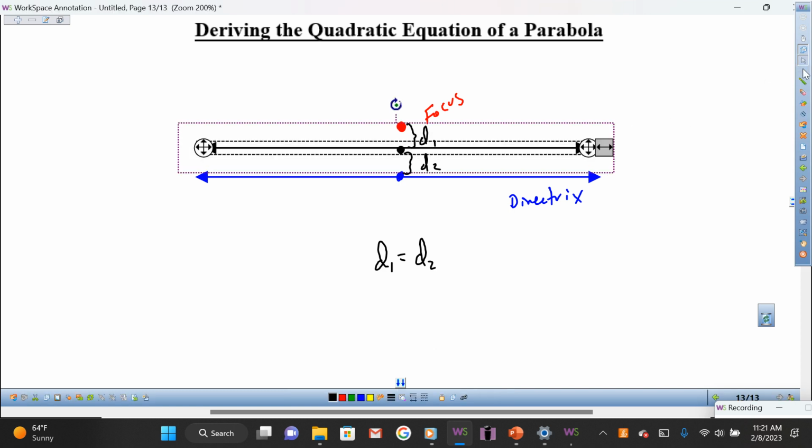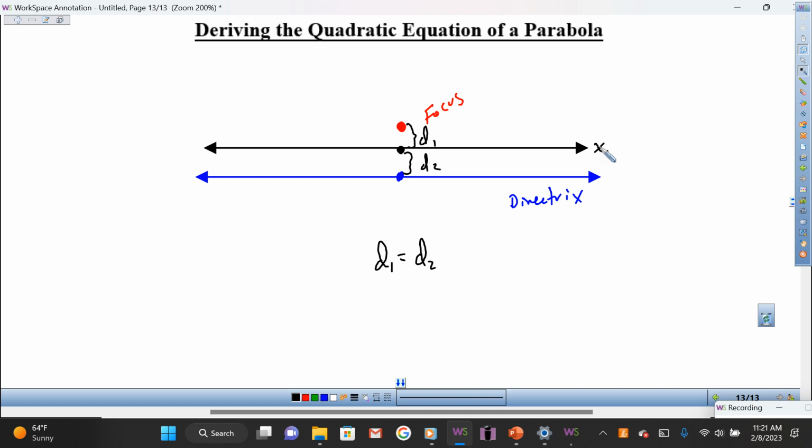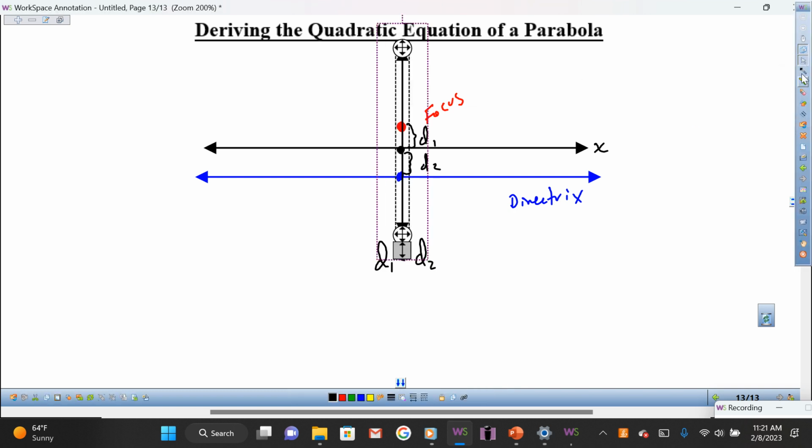And we're going to label that one X. Which means we need a Y. So draw a straight line down through all 3 points, and that's my Y axis.